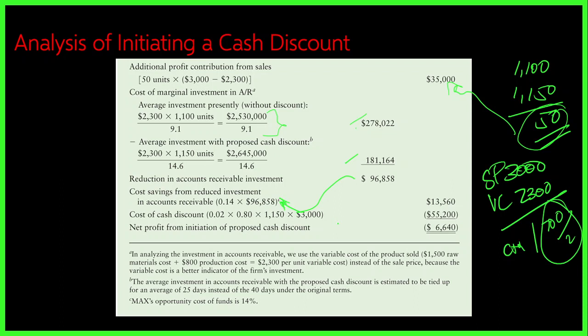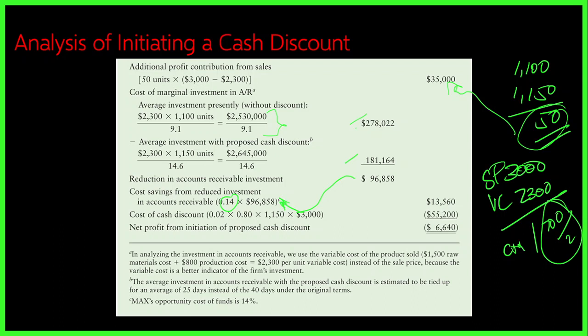I think it's 40%. So yun, at 40%. Okay, so aside from the additional profits coming from increase in sales, you also have additional profits coming from the reduction of your accounts receivable.